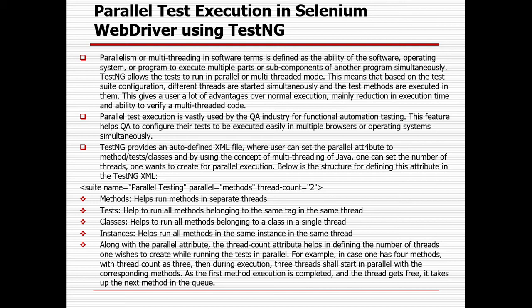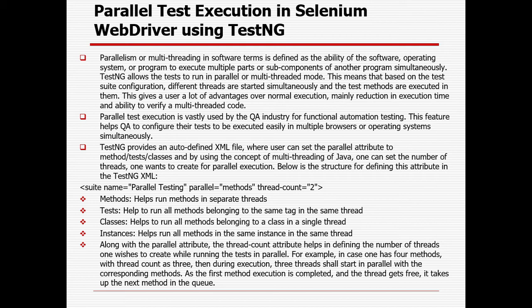Let me give another simple example. Suppose 10 test cases need to run in 5 different combinations, so 2 test cases can run in IE, 2 in Chrome, 2 in Firefox, like that. If you do not use parallel testing, the test cases will run one by one, some in IE, some in Chrome, some in Firefox.